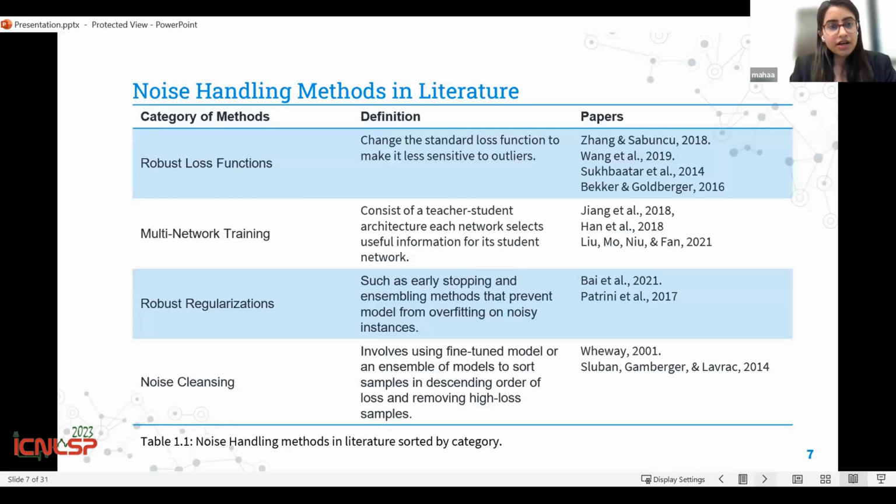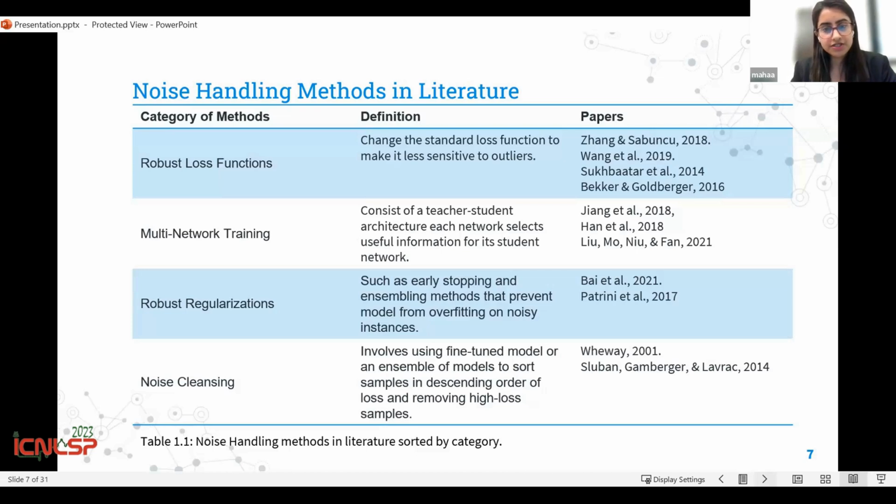Okay. Let me start by giving you an overview of the methods used in the literature so far. The first category of methods is robust loss functions, which is basically taking your standard loss function and changing it so that it's less sensitive to outliers. Then we have multi-network training, which consists of a teacher and student architecture, and the teacher network feeds the student network useful instances to train on.